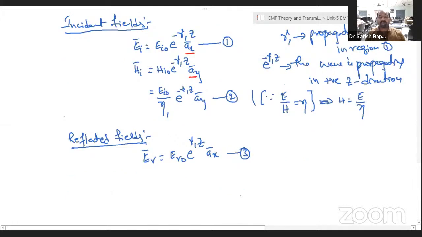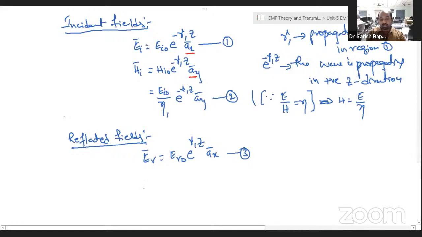Er naught is the amplitude, and e power plus gamma 1 z means the wave is propagating in the negative z direction. Reflected means the wave changed its direction to the opposite. Gamma 1, because the reflected wave belongs to region 1.